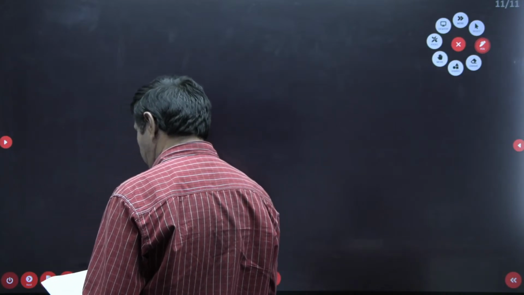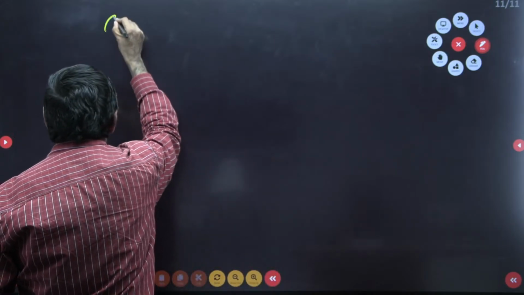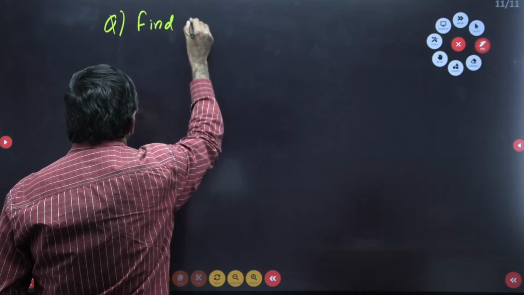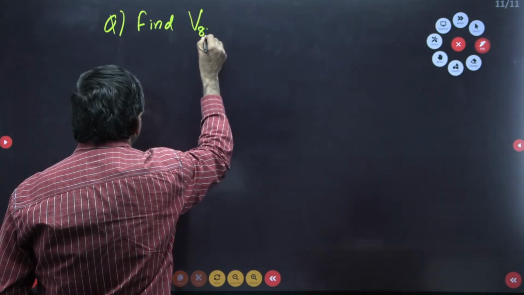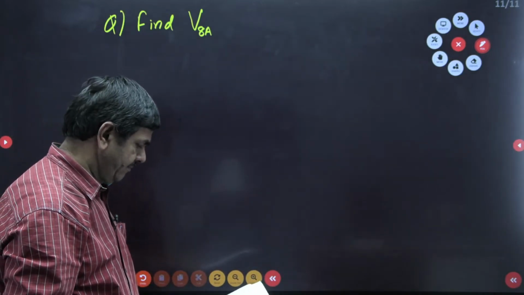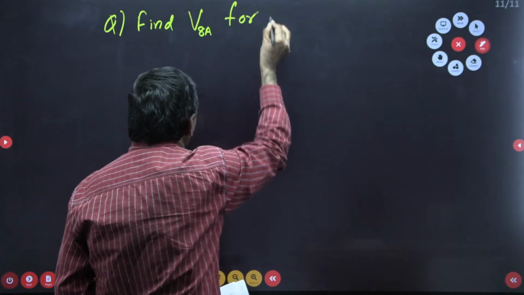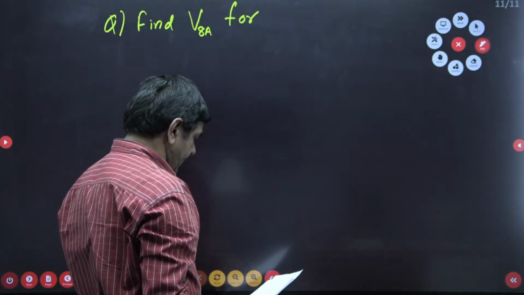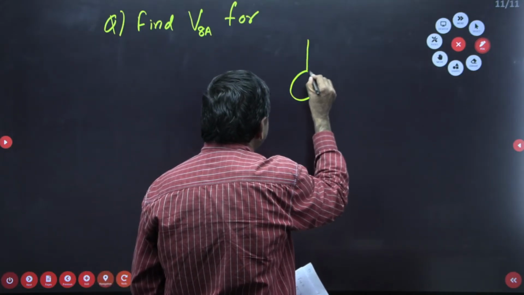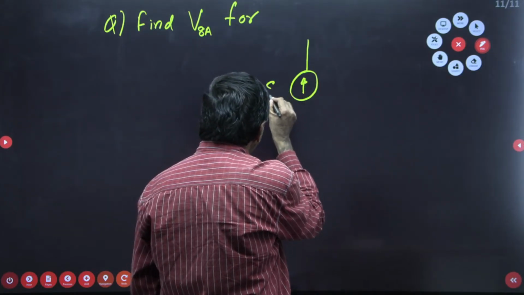In this problem it is given, find the voltage across 8 amperes. Voltage across 8 amperes is required for the given problem. The network is given like this. There is a current source connected with 8 amperes.